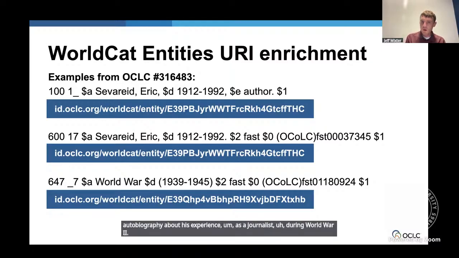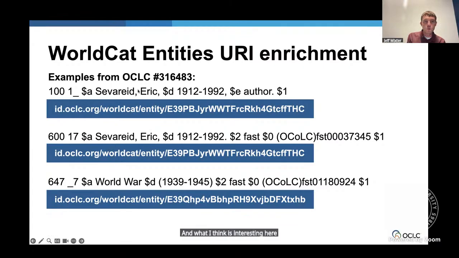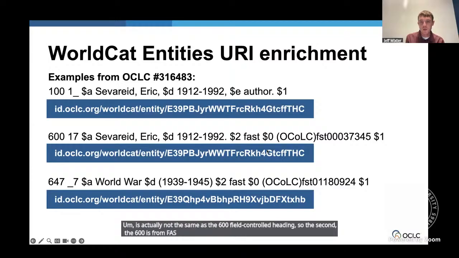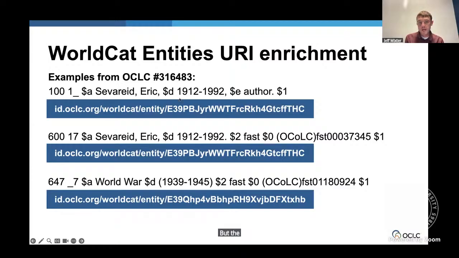What I think is interesting here is this 100 field controlled heading is actually not the same as this 600 field controlled heading. The 600 is from FAST, as you can see in the data, but the 100 is actually a Library of Congress authority heading.